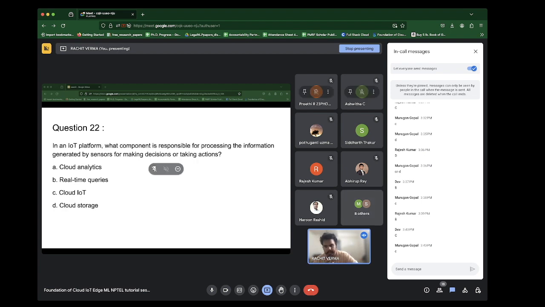So in an IoT platform, what component is responsible for processing the information generated by sensors for making decisions or taking actions? Is it A, cloud analytics, B, real-time queries, C, cloud IoT, or D, cloud storage?